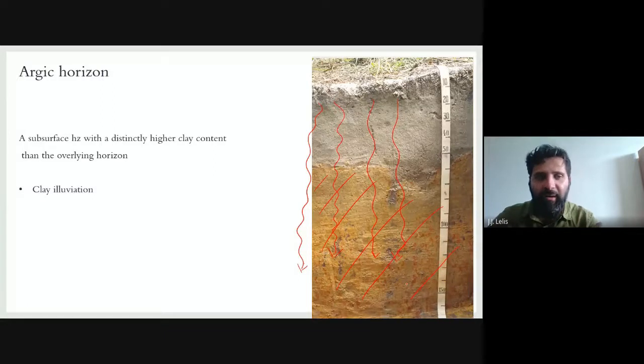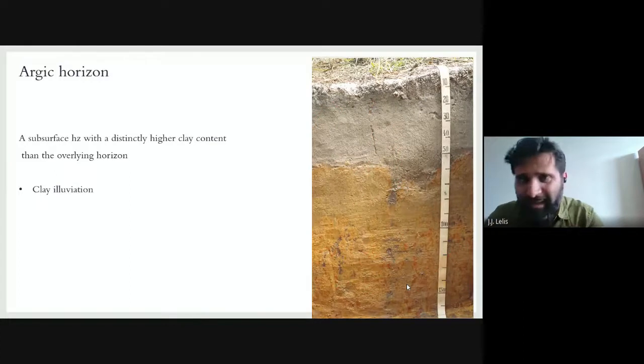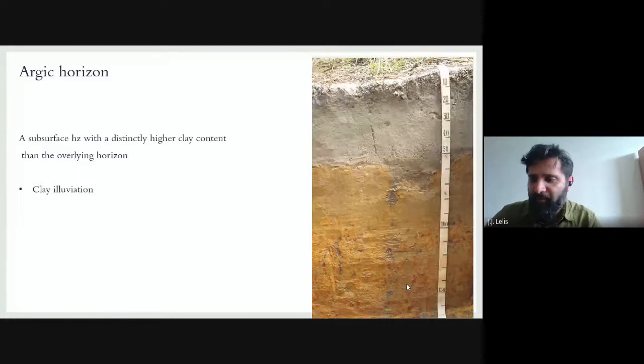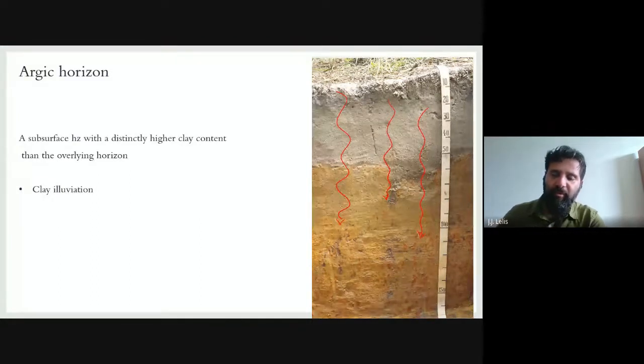How could clay migrate through the soil profile? Very easily in wet environments. If we have a wet climate with a high quantity of rainfall, the water could penetrate through the soil. And when water penetrates through the soil, water could migrate and bring clay from the surface to the subsurface horizon.